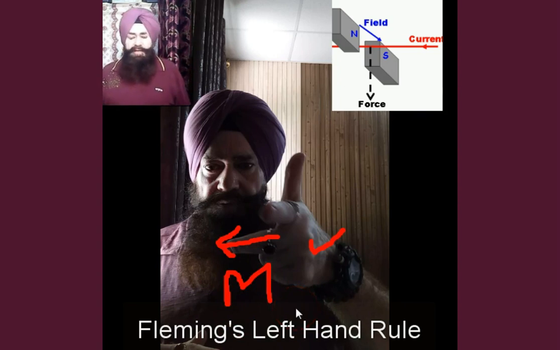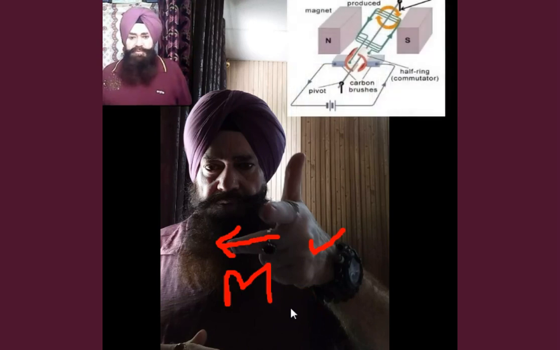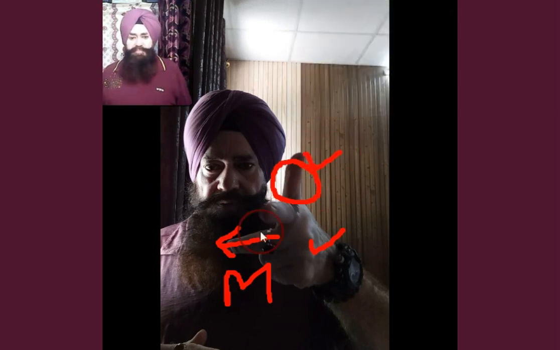In a motor, electrical energy is converted into mechanical energy. So in case of a motor, there is a magnetic field and current is made to flow through the coil, and then a force will be exerted on the coil which will make a torque, right?